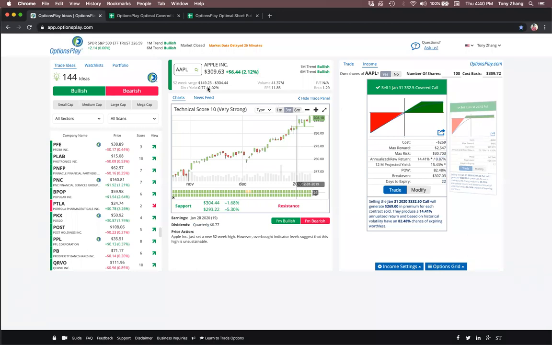So that's why the dividend yield on Apple here is only 1% versus the yield on the covered call here is 14%. So you've increased your yield on Apple stock from 1% to almost 15% by adding covered calls to that. And this is yield that you're going to get just by waiting for your stocks to rally so that you can take profit on it.